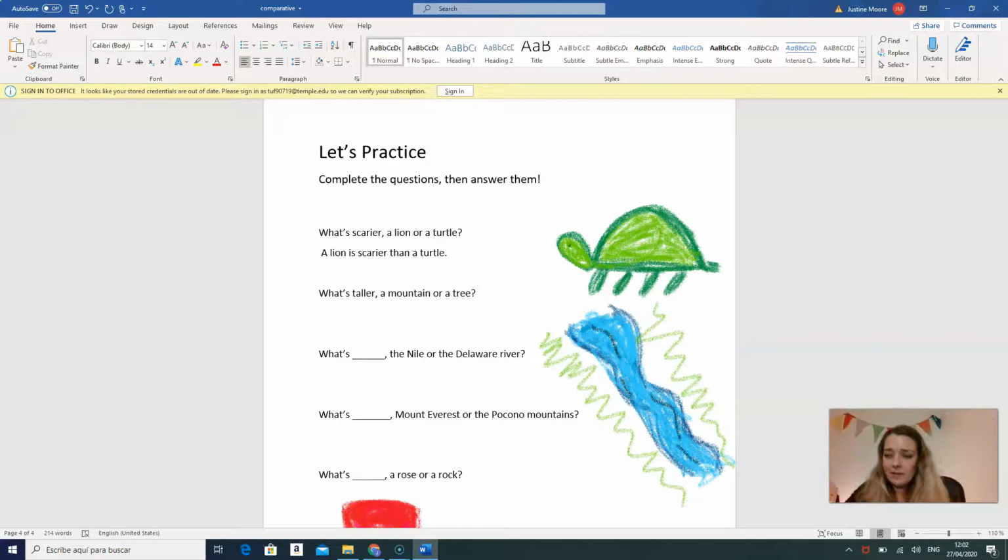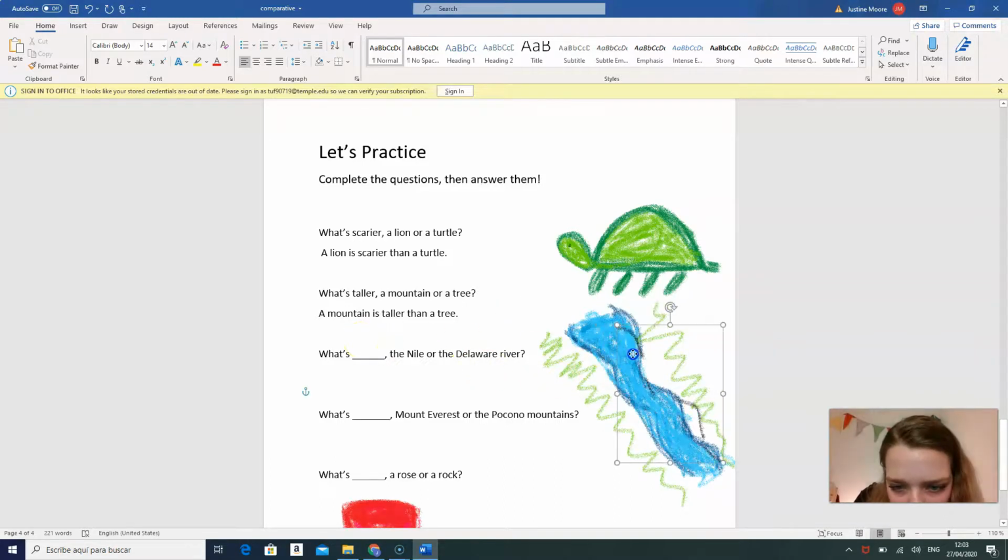I'll give you a second to think about it. What's taller, a mountain or a tree? I think we all know. A mountain is taller than a tree. Nice. Okay, next question.